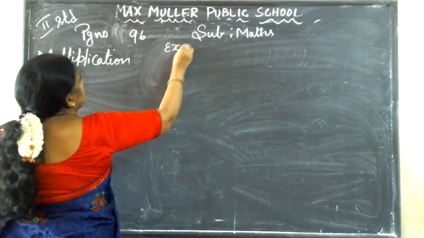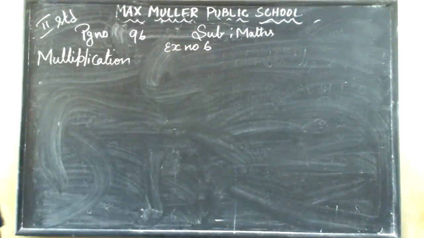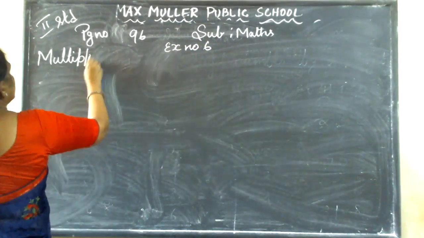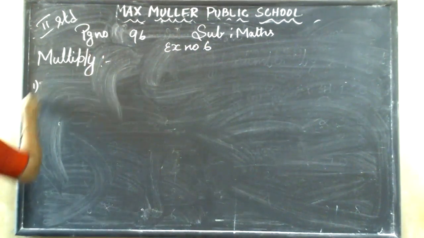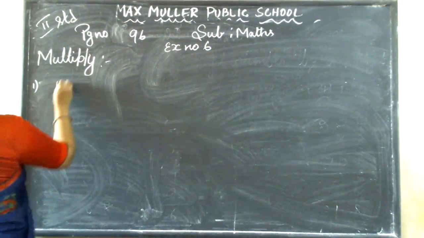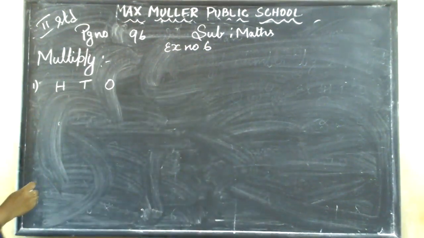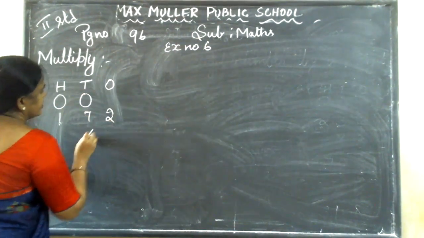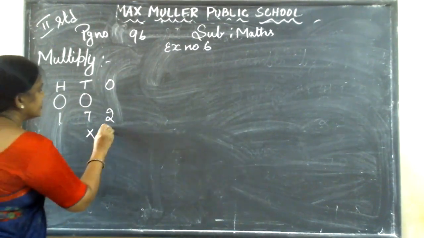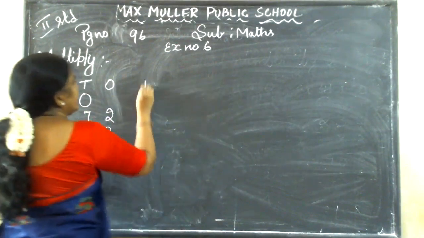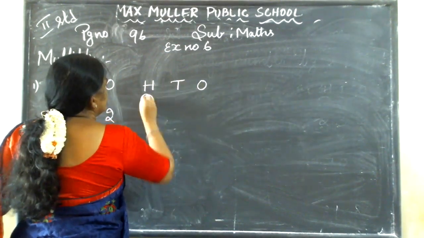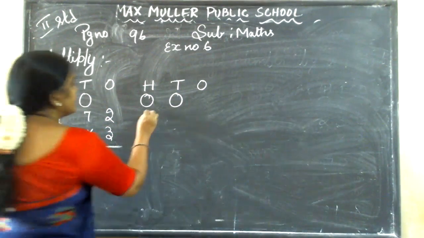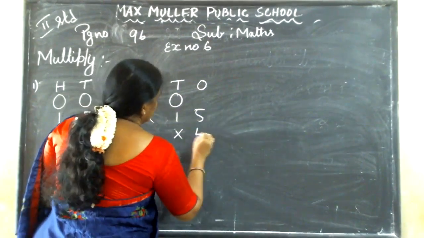Exercise number 6. Multiply. First one, 172. Then 215 multiply by 4.